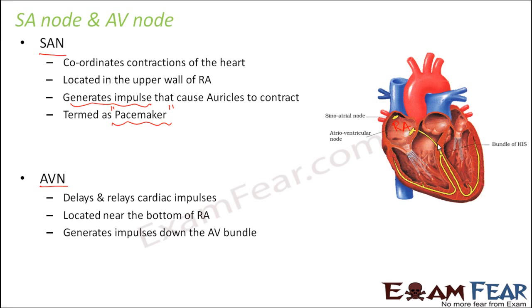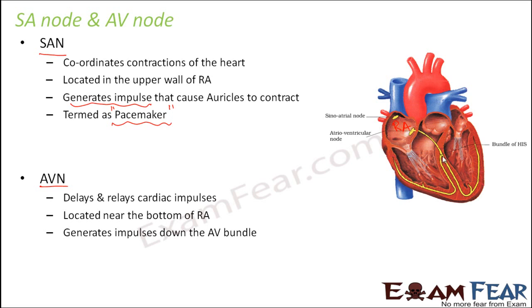These AV bundles pass through the atrioventricular septum to emerge on the top of the interventricular septum. So basically you see this AV bundle passes through the atrioventricular septum, that is the partition between auricle and ventricle. It crosses that, then it reaches the interventricular septum, that is the wall which separates the two ventricles. It reaches till there.